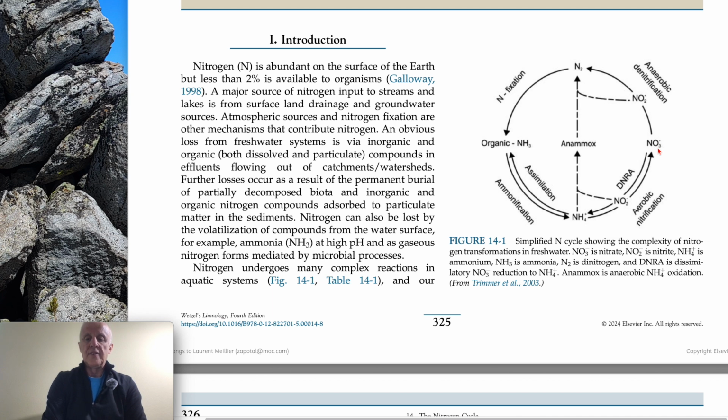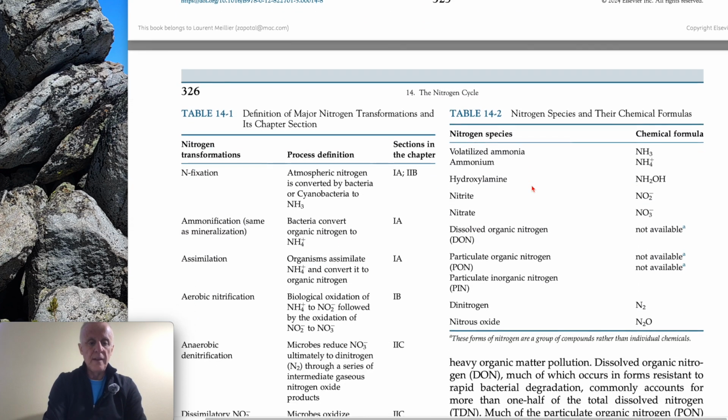And then nitrate can undergo anaerobic denitrification into dinitrogen, or there's a middle step, nitrite, through anaerobic denitrification, that can result also in dinitrogen through this, I think, anamox process, although the presence of those dashed arrows compared to the undashed arrows is a little unclear.